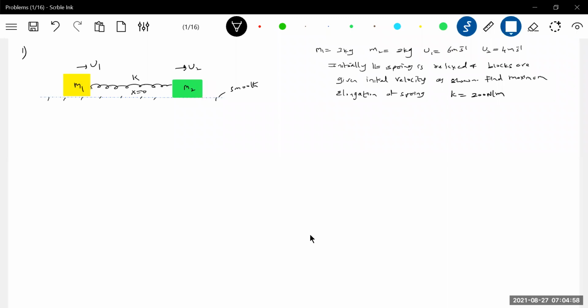I can't show the complete thing, so let me show only the part. So here initially this is u1, this is u2.